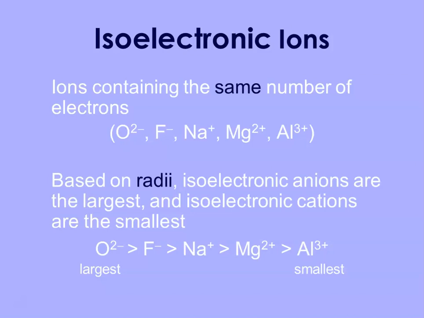So when you are isoelectronic, the fewer protons you have, the larger you get, which would be the case of O2 minus. And the more protons you have, the smaller you would get because the more attraction you would have for that number of electrons, which would be the case with aluminum.